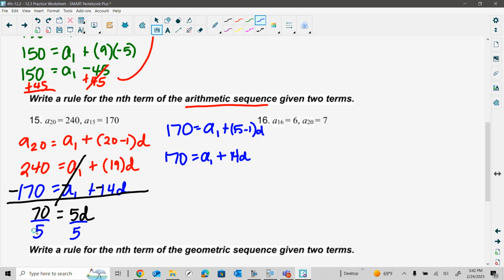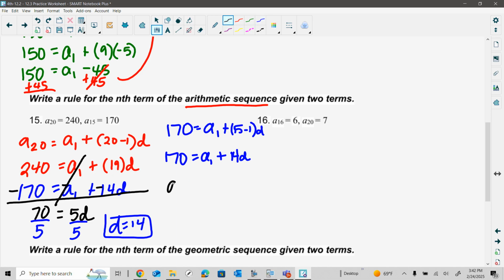Okay. So now that I have that common difference, I can use that to find my a sub 1. So this is a lot of steps. You're not going to have to do all of this to get to the next two terms. So since they want the next two terms, I need to get my a sub 1.